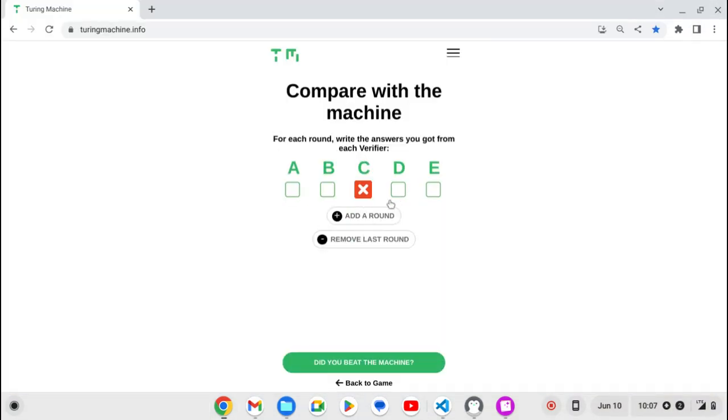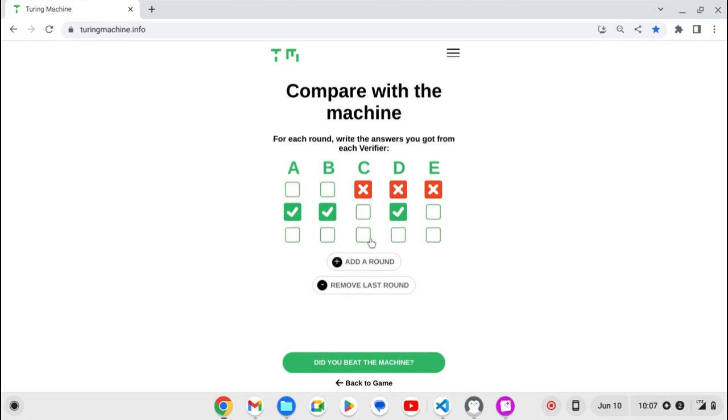CDE were all incorrect. Then I did ABD, and they were all correct. And then a final round of C, which was also correct.